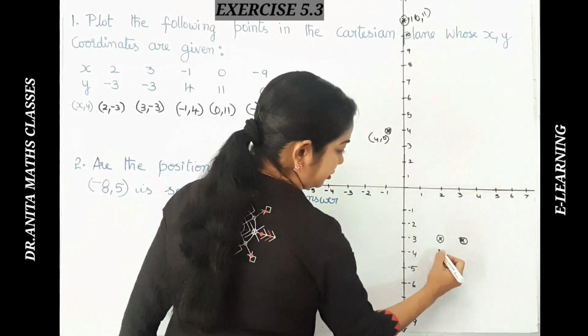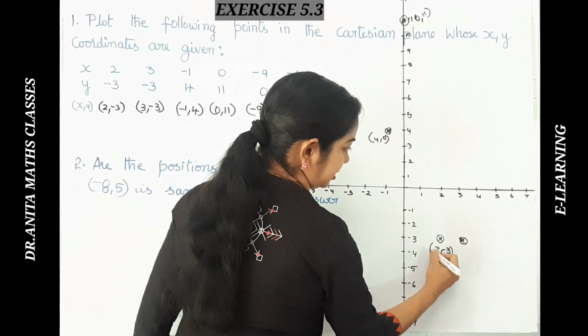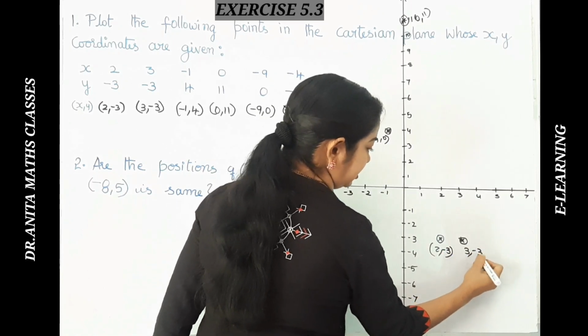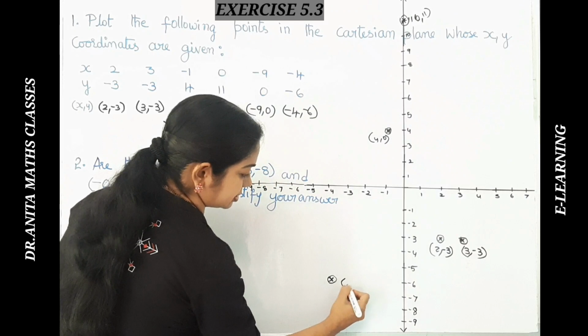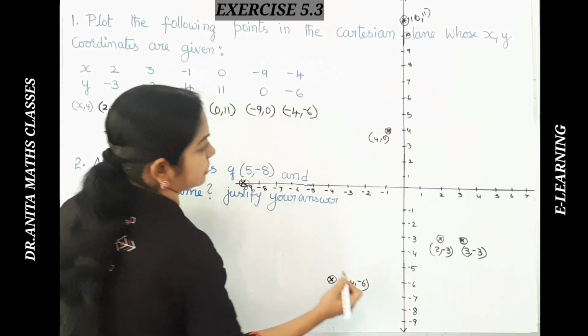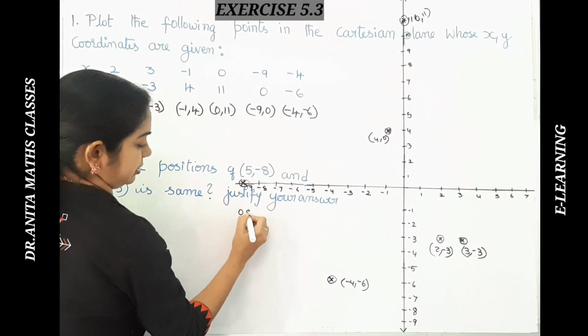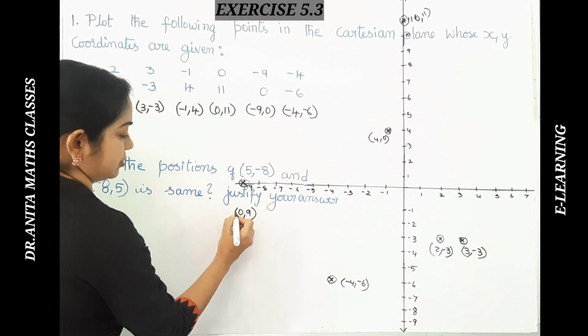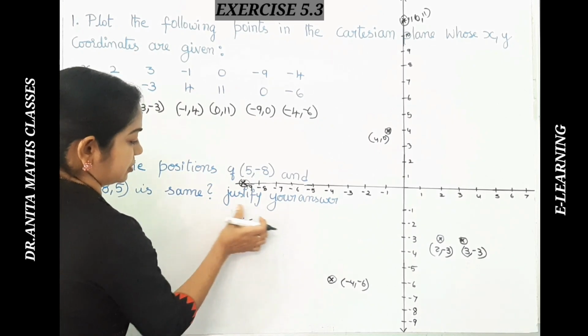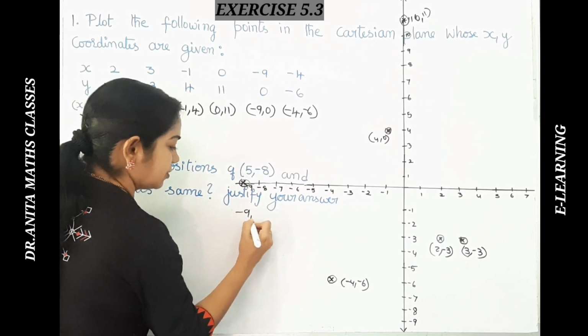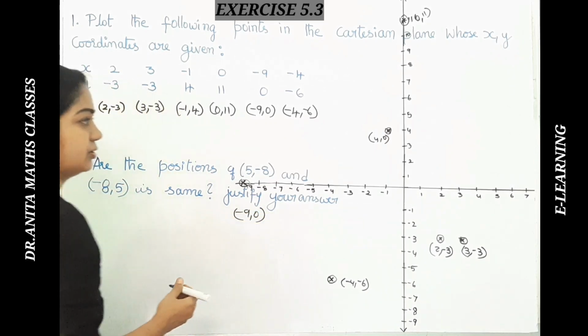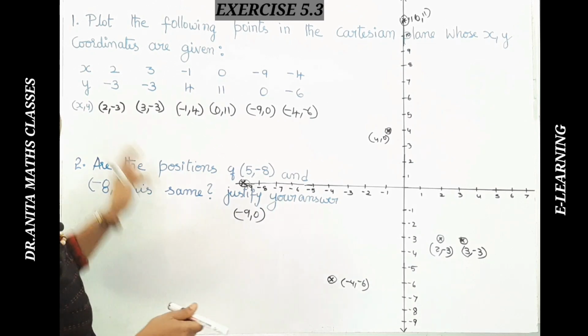And this is (2, -3) and (3, -3). Here this is (-4, -6). This is (0, 9), right? So (-9, 0), right? So we have plotted all this. This is the first part.